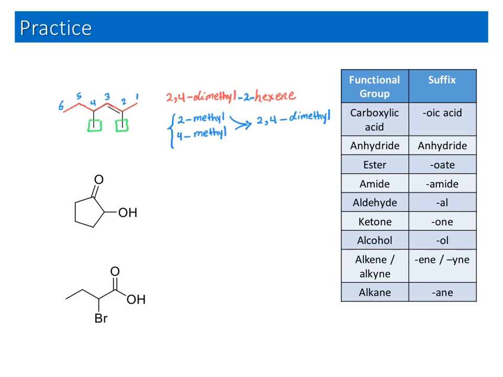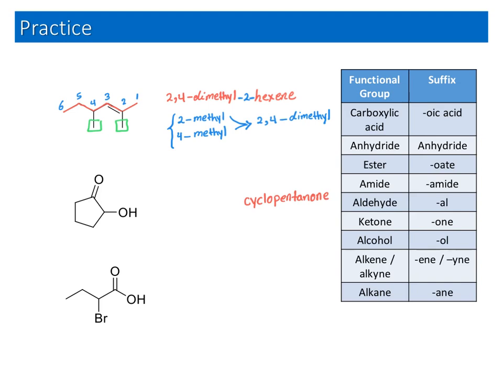Now, my parent chain here is cyclic. It is cyclopentane. Because it is a ketone, I need to write that as cyclopentanone. It gets the suffix "one".